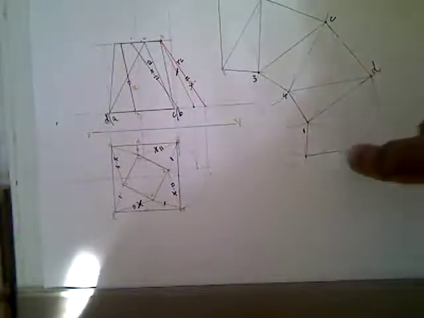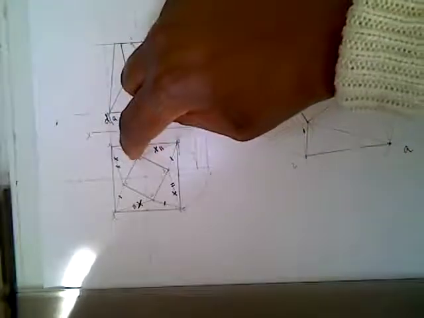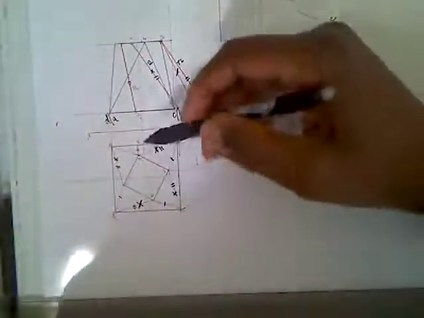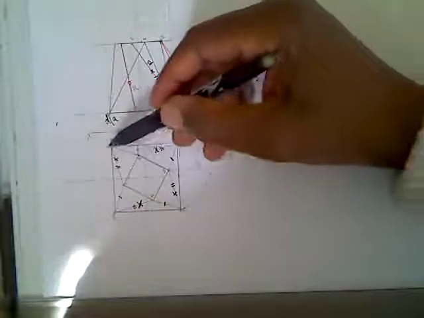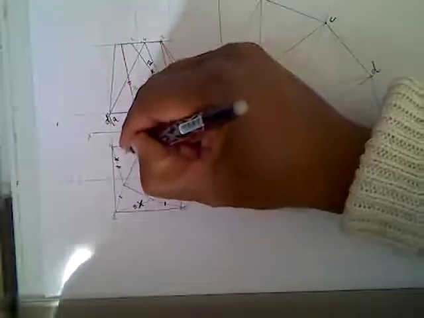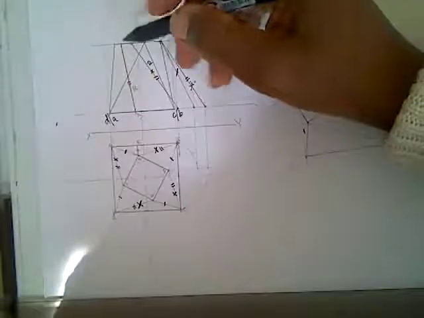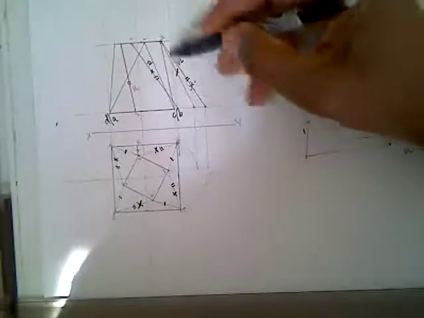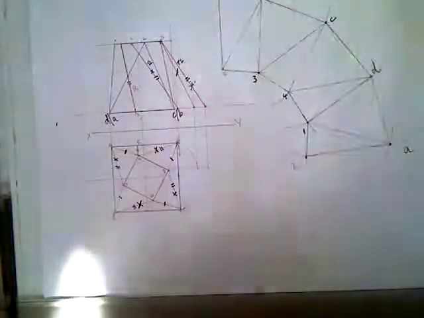From A to 2, this one, it will be that one, that line. Sorry if I've confused you. From A to 2, it is that line that I have marked.